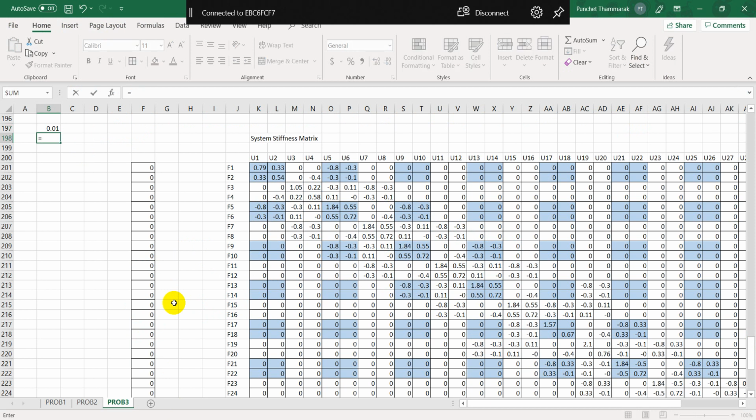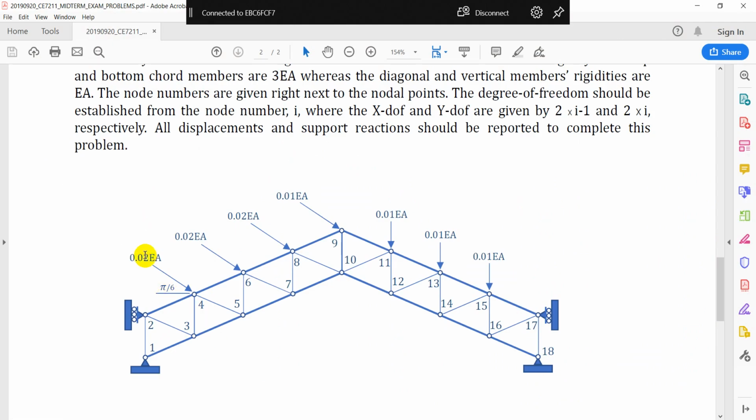And the vertical component is 0.02 multiplied by cosine of pi over 6, but it has to be negative. This side is negative. Minus. There it is.